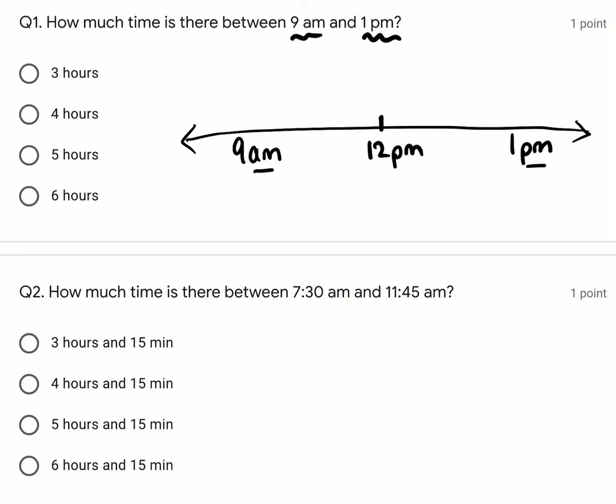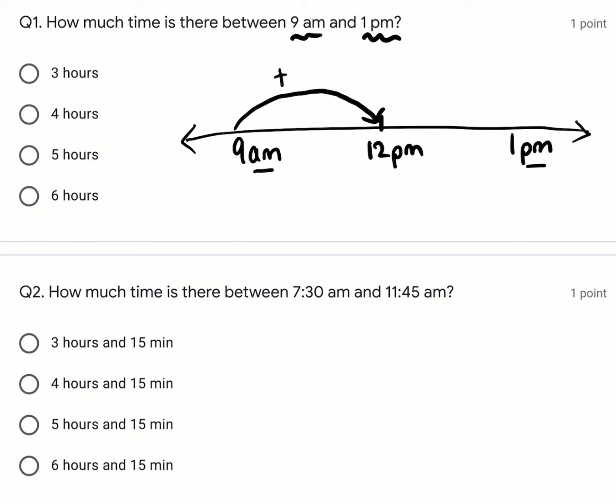So from 9 a.m. to 12 p.m., how many hours is that? Well, from 9 in the morning until we get to midday, that's just from 9 to 12. So how many hours are there between 9 and 12? Well, 12 minus 9 is just 3.